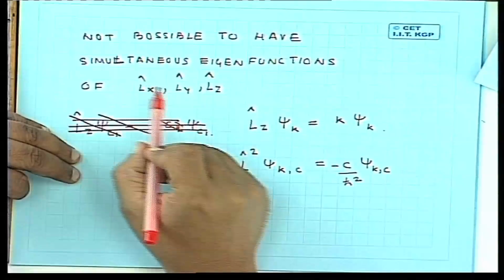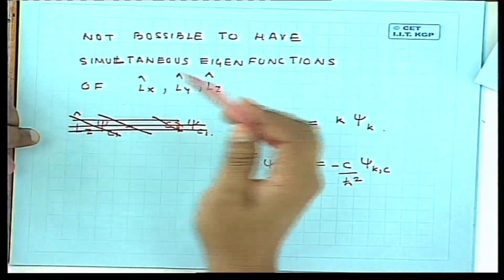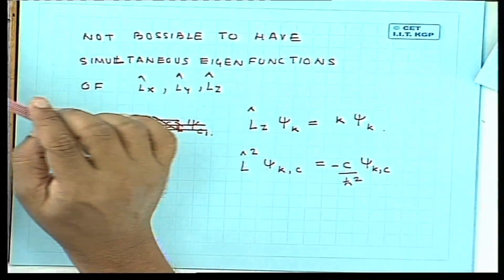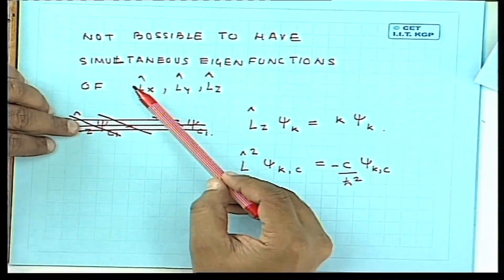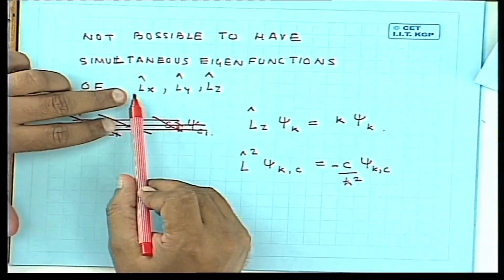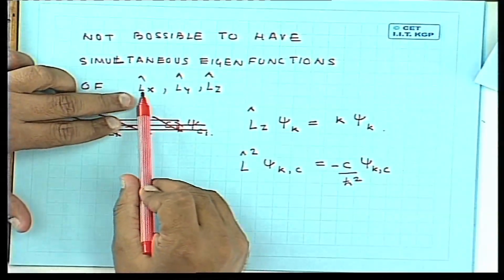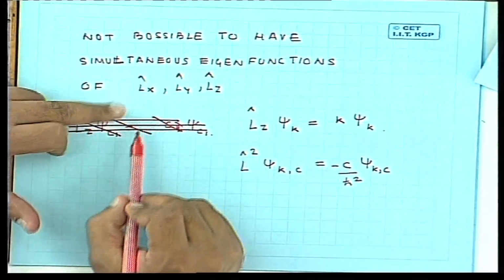If I now make a measurement of Lx, I cannot in general predict what value I will get. These states are superpositions of eigenfunctions of Lx and Ly, and I can only give probabilities for different values of Lx after I have measured Lz.